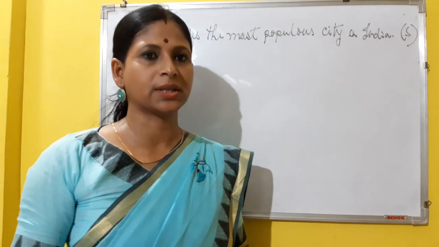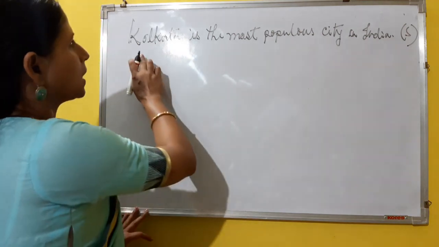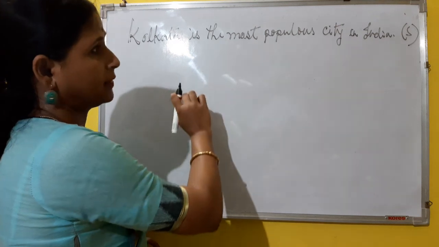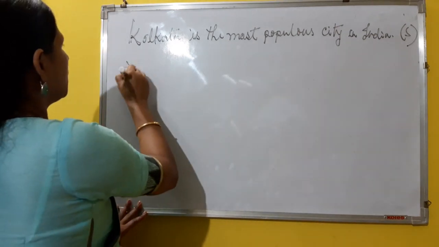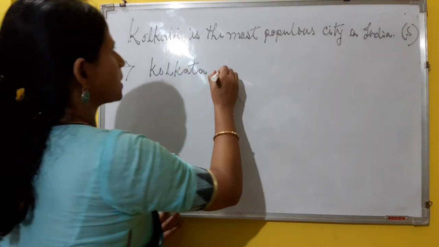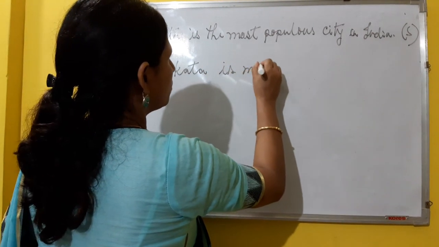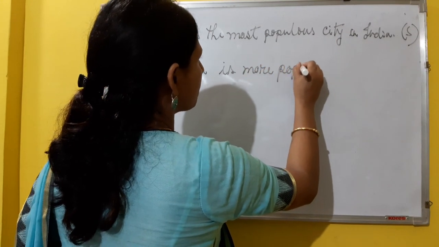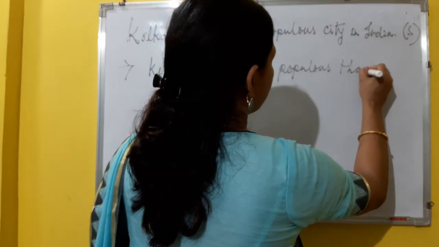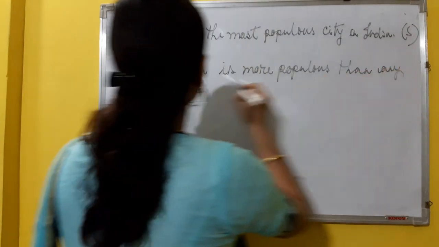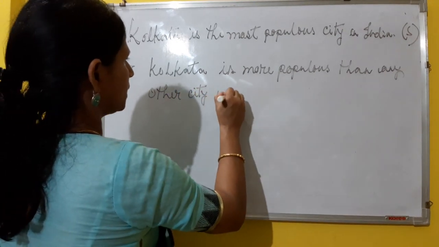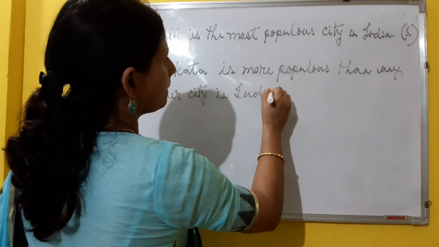Let us go to one more example. Kolkata is the most populous city in India. Most populous, definitely in superlative degree form. The comparative form will be, Kolkata is more populous than any other city in India.